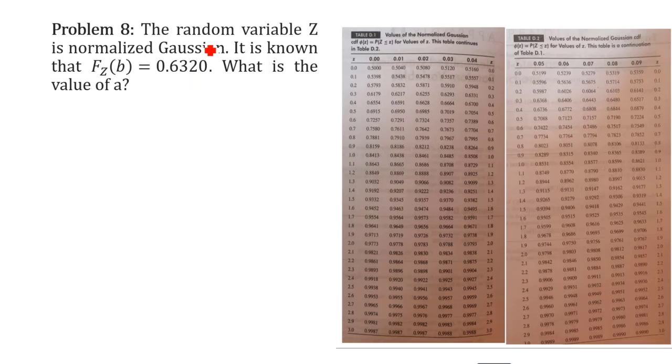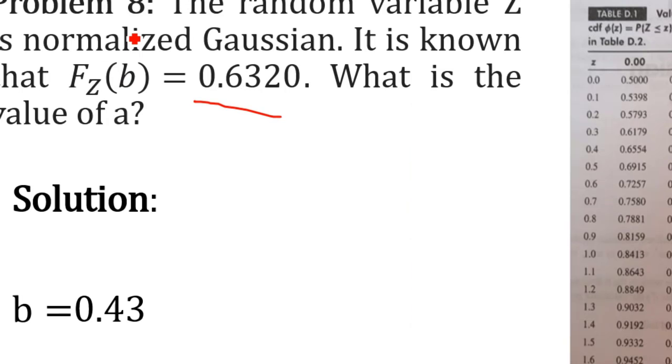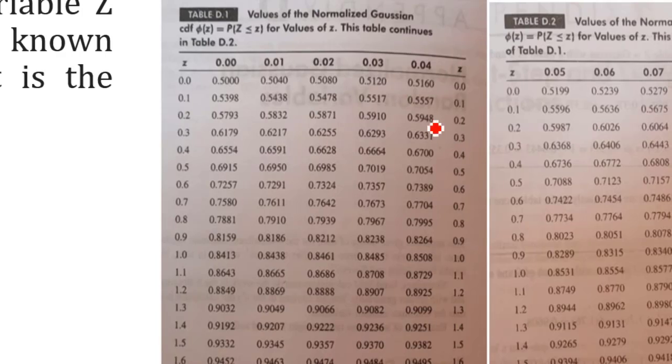Now for this 0.6320, it is the probability. Then calculate its corresponding independent variable B. All right, so search for the value of 0.632, somewhere here, 0.63.